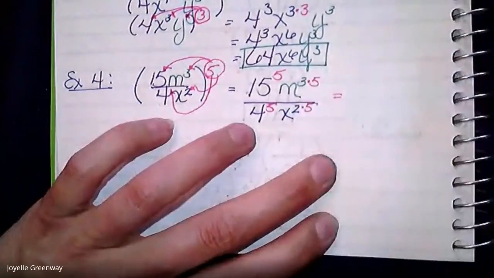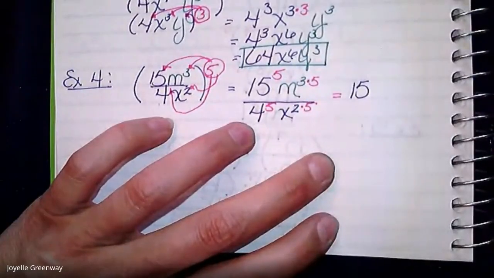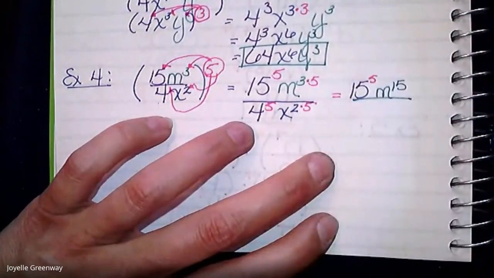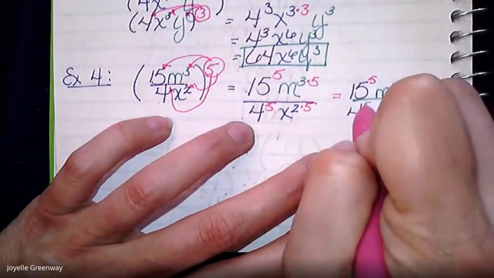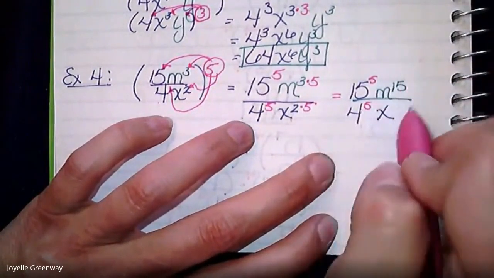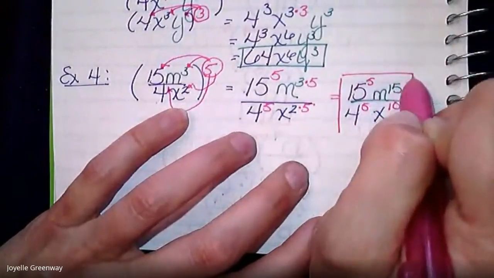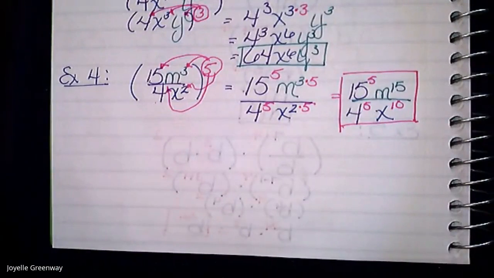So fully simplified, this would look like 15 to the 5th, m to the 15th, over 4 to the 5th, x to the 10th. And I know that doesn't look simple, but that is as simplified as that answer can get. We can't do anything more. Okay?